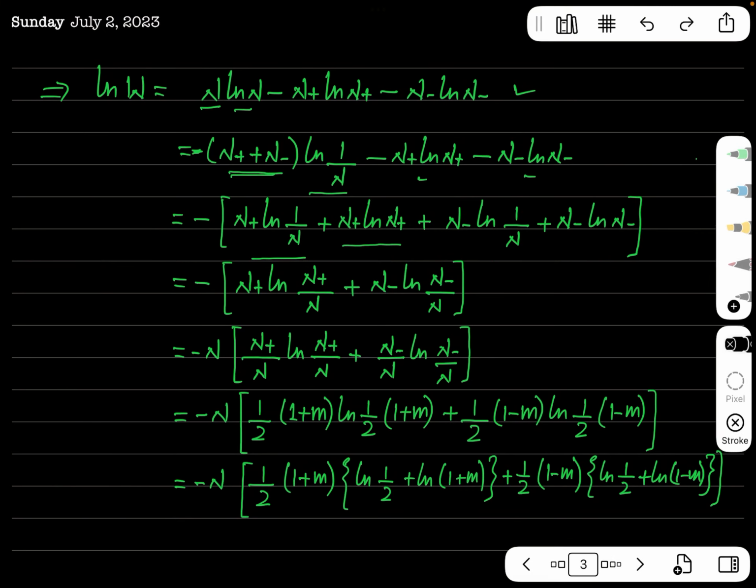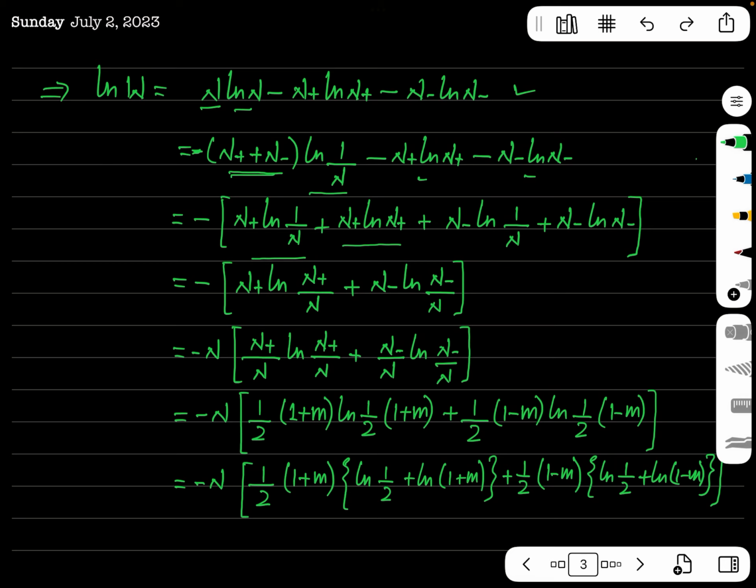You can see this is in fact minus, because minus has been taken as a common factor.